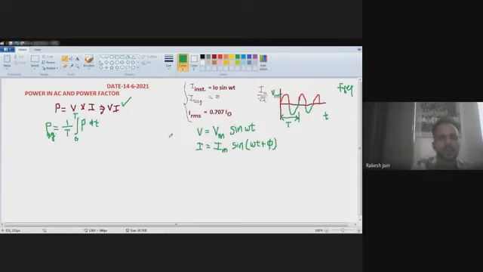These are the two values of voltage and current I choose. I can choose omega t minus phi also, no problem. You can also choose voltage Vm sine of omega t plus theta v, where theta v is the phase for the voltage, and for the current Im sine of omega t plus theta I. So any kind of phase you can choose.